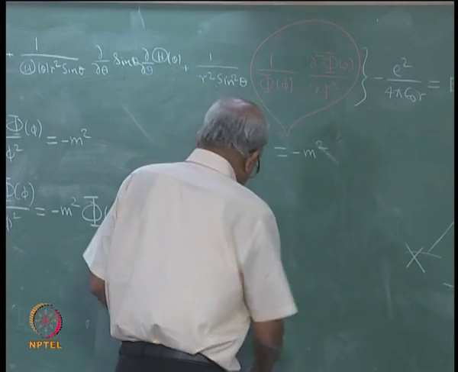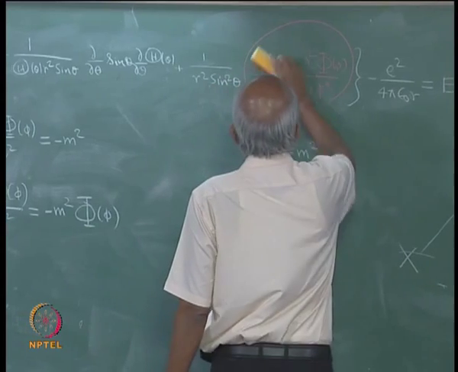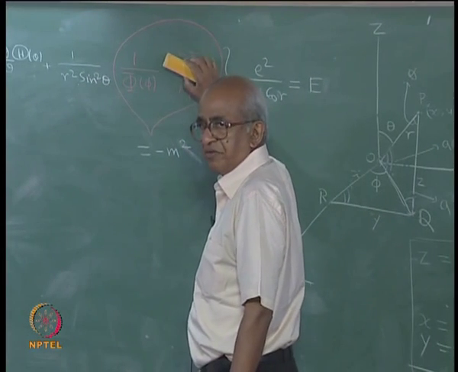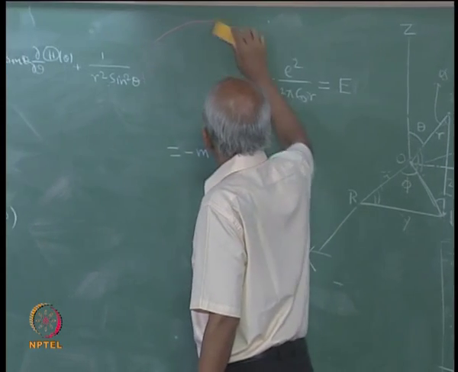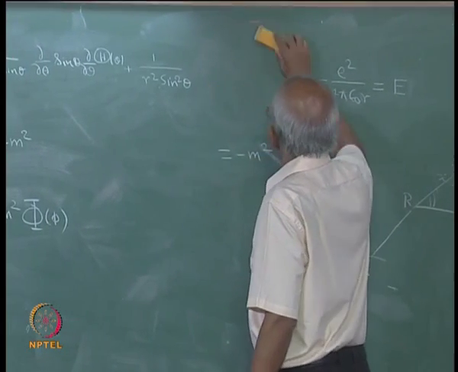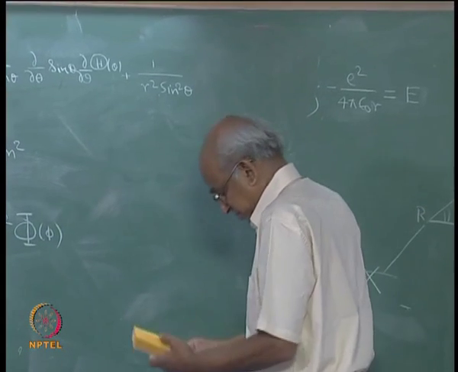And so then what will I do next? Well, this is equal to minus m square, so instead of this part I can actually say I will put minus m square there, because it has to be equal to a constant.